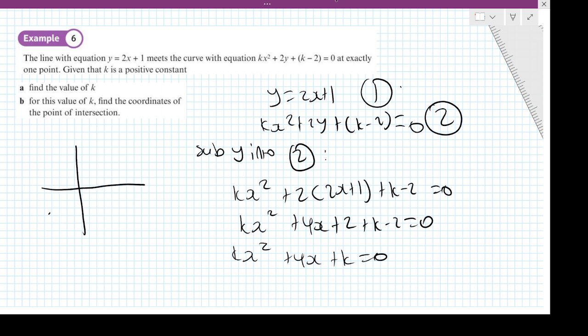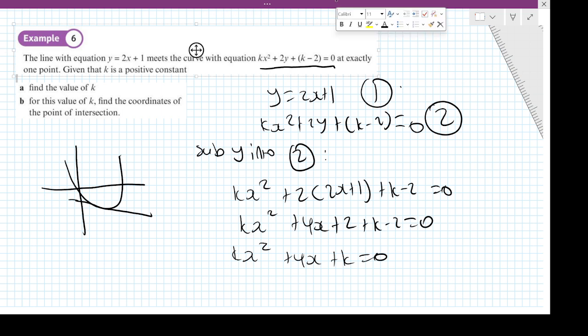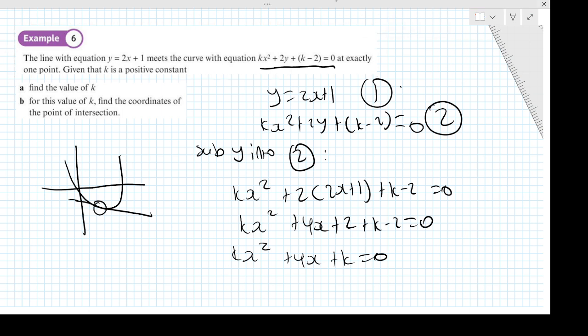So you have the quadratic here, because this is a quadratic, I hope you can see that. And then the line will intersect at one point only. Say, for example, like there, just a generic line and quadratic graph, not meant to look like this. Just a generic example. It's going to cross at one point somewhere there. So that's what that means graphically.